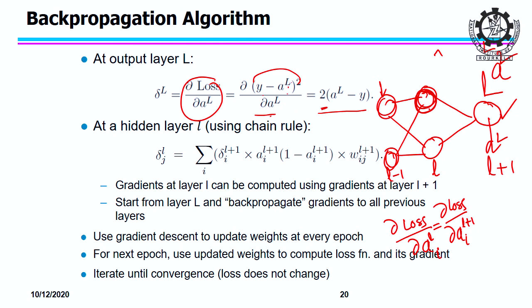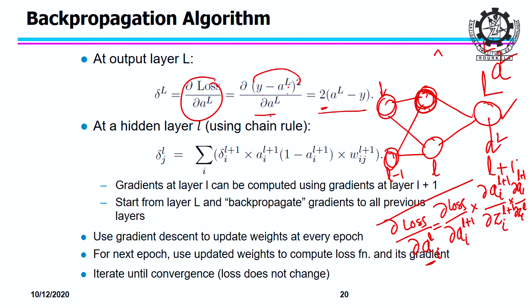That means, while computing this one I will use the loss with respect to the next node. Again we apply the chain rule: del A I L plus 1 with respect to del Z I L plus 1. Then with respect to A I we have to compute, again using chain rule, delta A I L into delta Z I L, this is L plus 1, this is L.